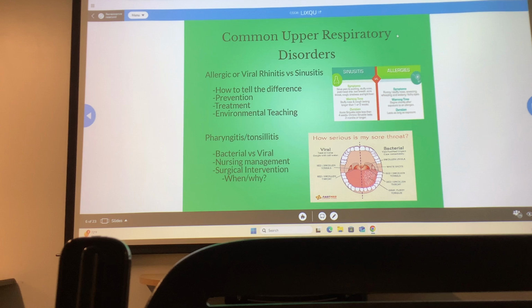So what is their surgical intervention? What are we going to do? We're going to remove the tonsils. What's also commonly removed with the tonsils? The adenoids, right? So a T and A is what we call it, a tonsillectomy, adenoidectomy, right? They're going to take both, okay?